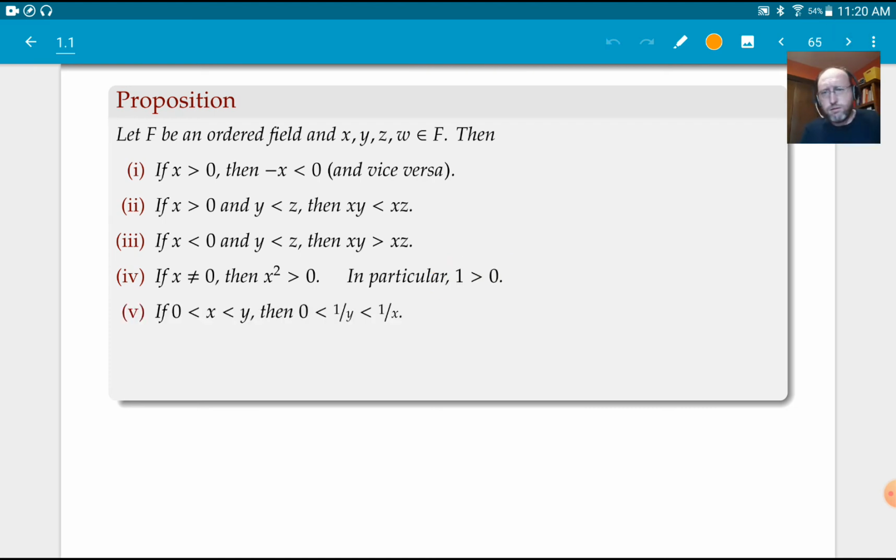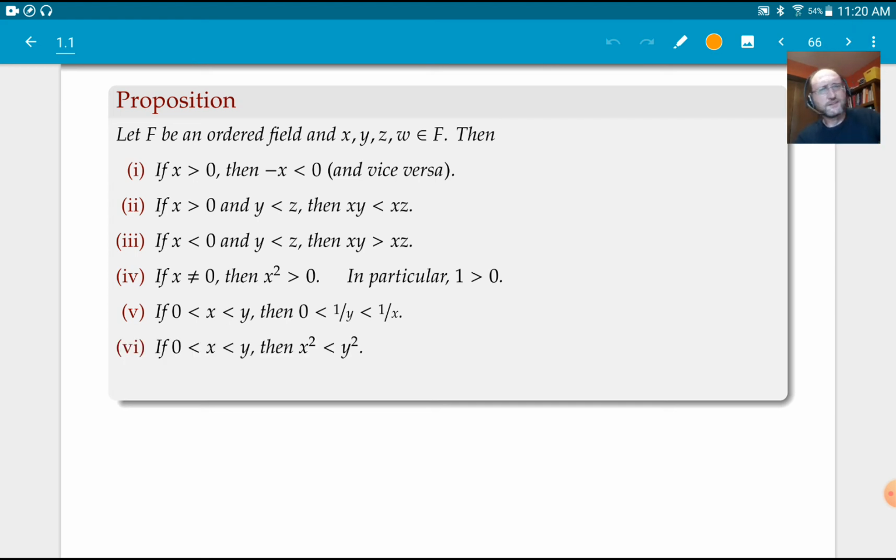Now, if I have two positive numbers, then finding their multiplicative inverses flips the inequality, and they're still positive. So the multiplicative inverses are positive and they're flipped. So if x is less than y, 1 over y is less than 1 over x, and they're still positive.